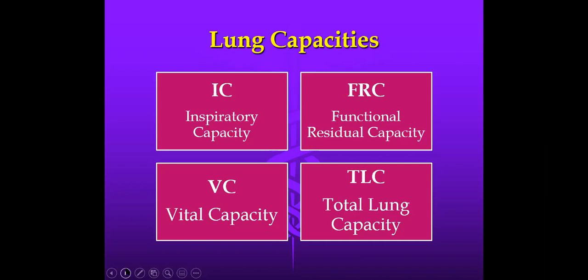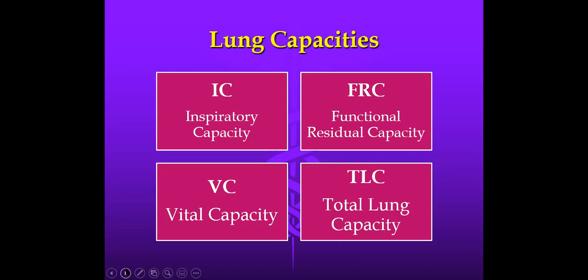Okay. All right. And then so TLC again is your total lung capacity. That's everything in your lungs. Okay. The capacity of all the volumes in your lungs. So TLC is IRV plus VT plus ERV plus RV, or IC plus FRC. See that?